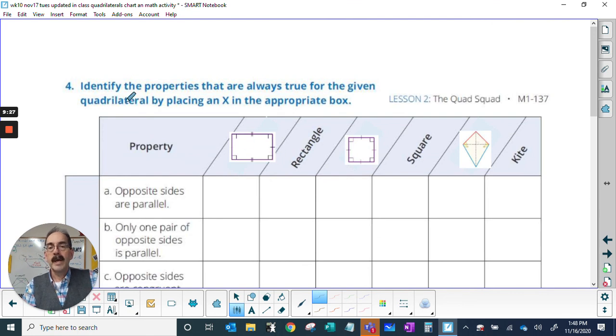Absolutely. And on the kite, no. Only one pair of opposite sides are parallel. No, no, no. All right? Hopefully that was helpful.